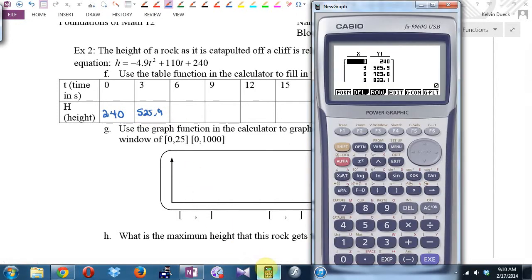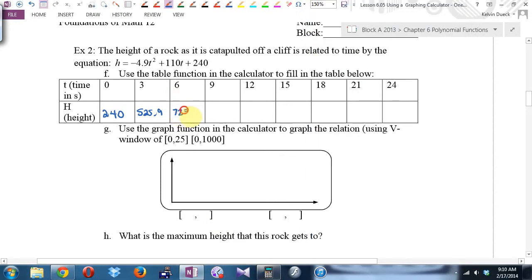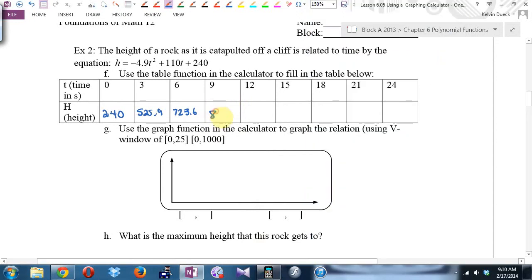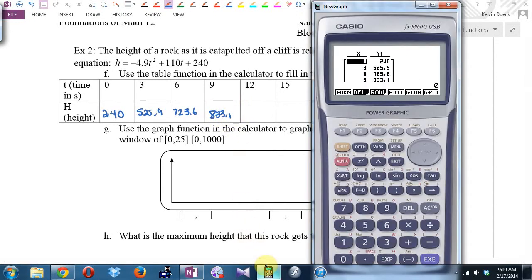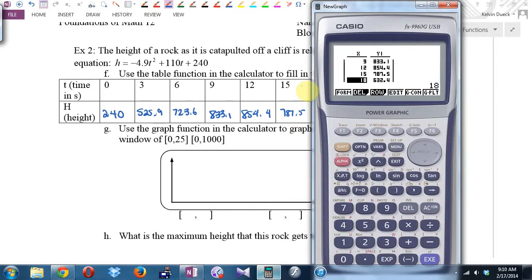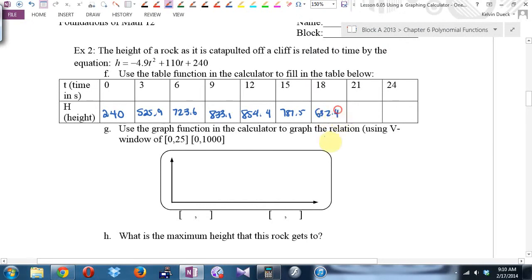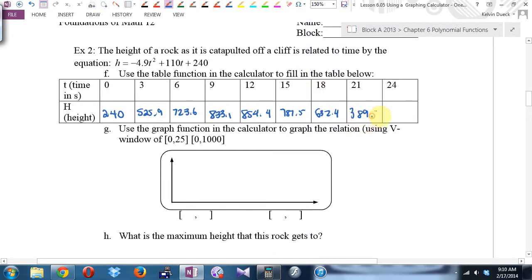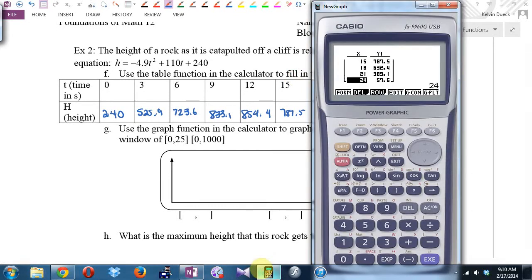After 6 seconds, 723.6. 9 seconds, 833.1. 12 seconds, 854.4. 787.5. 632.4. 389.1. 57.6.